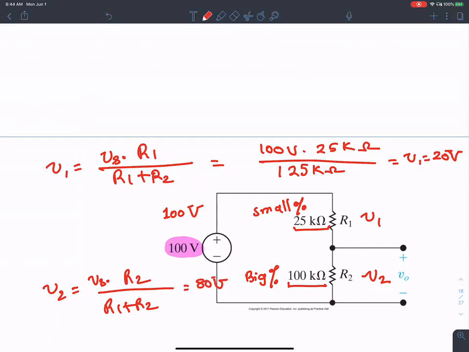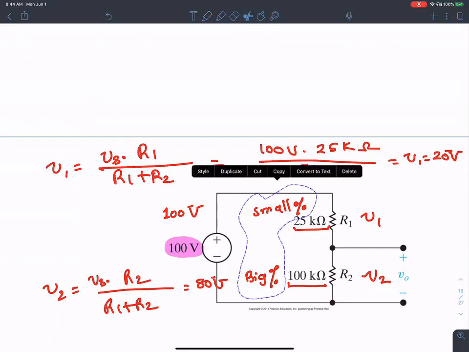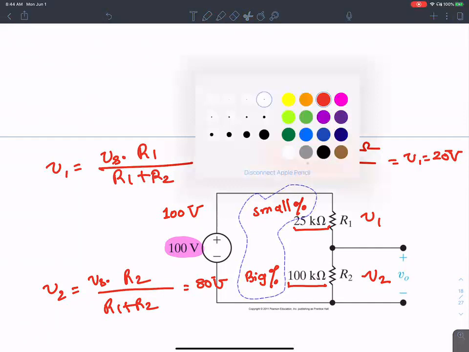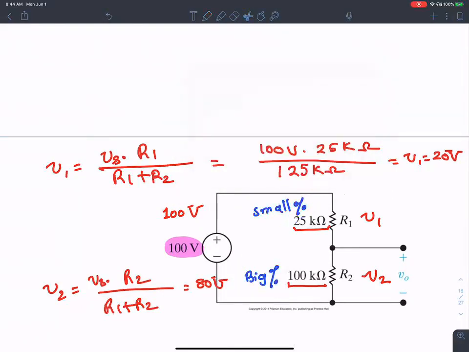So as you can see, once I do the math, my predictions are pretty much in agreement with the calculated values. I found out that a small percentage, 20% of the total voltage, 100 volts, is dropped across this resistance.